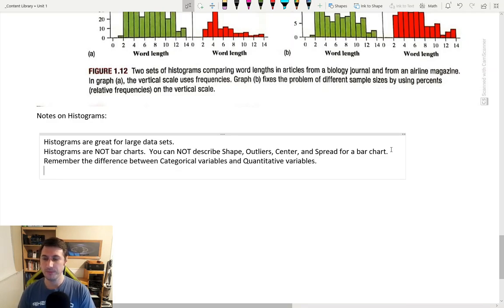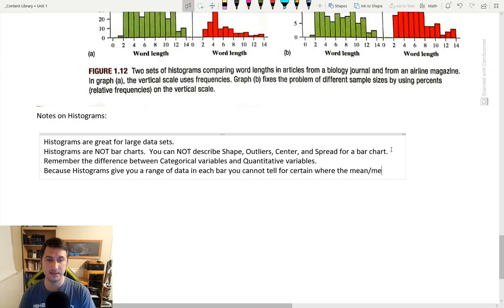Another thing though, because histograms give you a range of data in each bar, you cannot tell for certain where the mean or median are just from a graph.